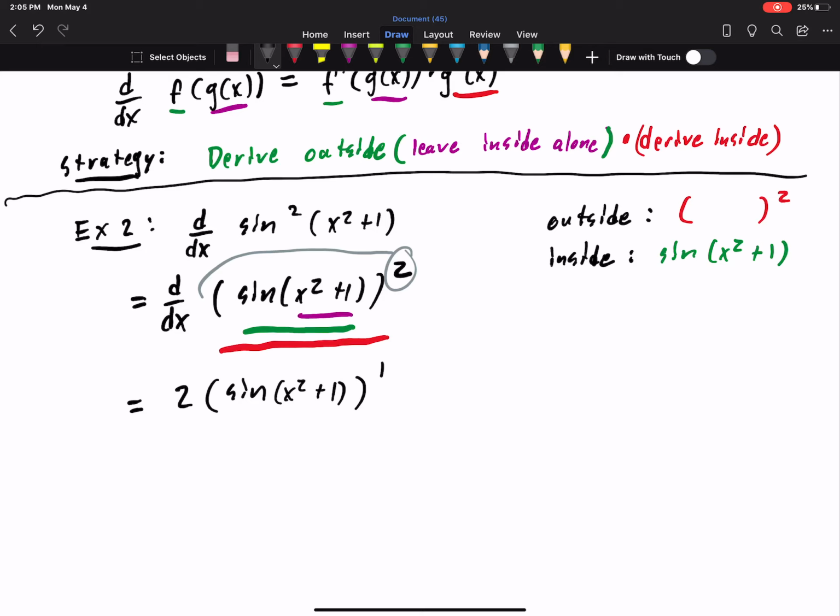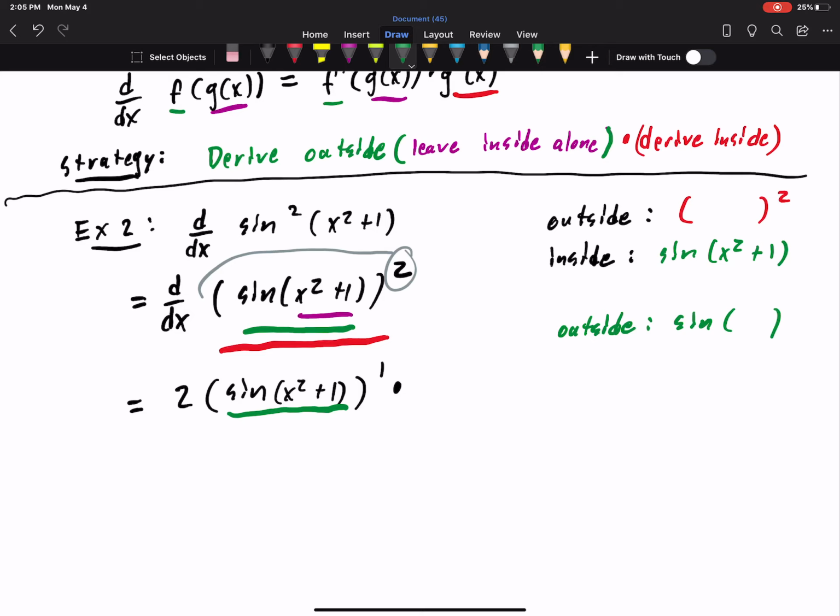Now we have to multiply by the derivative of the inside of this, meaning we have to derive this thing. But in order to derive that, we have to use the chain rule again because we have a function on the inside of this sine. Outside of the green underlined thing is the sine of blah.